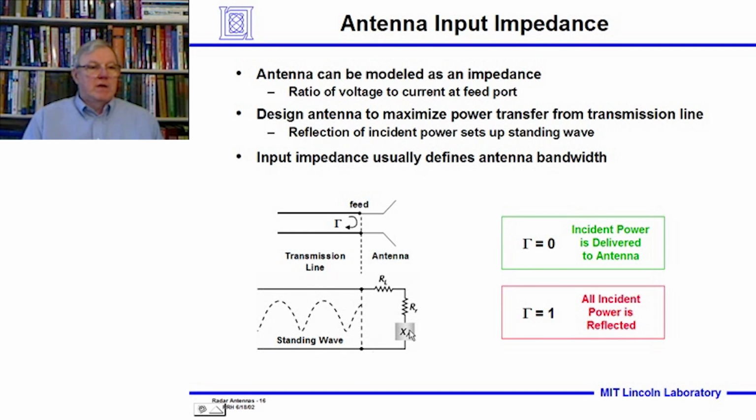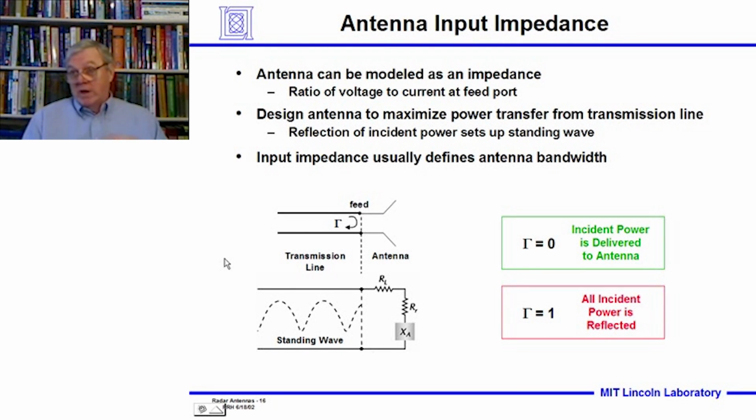And here we have an equivalent circuit. We showed you that. There's the loss in the antenna, the radiation that goes out, and the reactance that's stored in the antenna. What happens is, if too much of the energy is reflected back from the antenna to the transmitter, all hell breaks loose because the transmitter can't stand it.